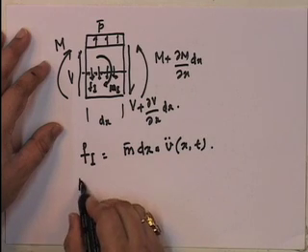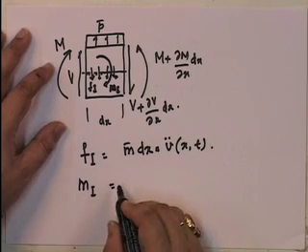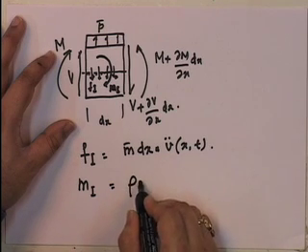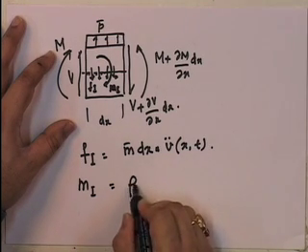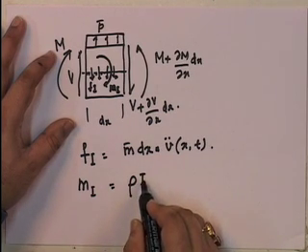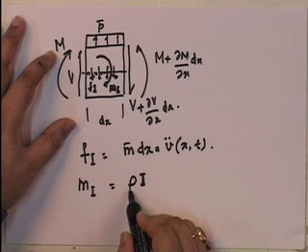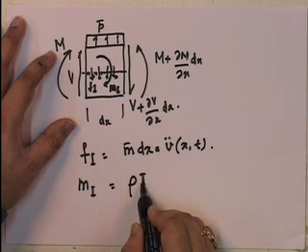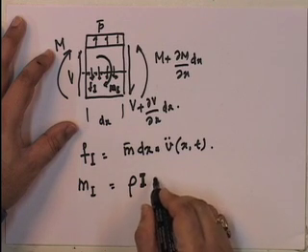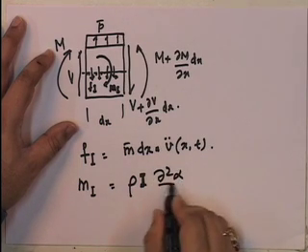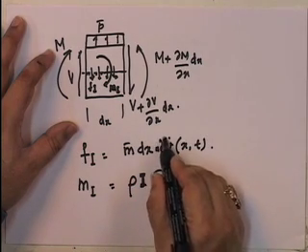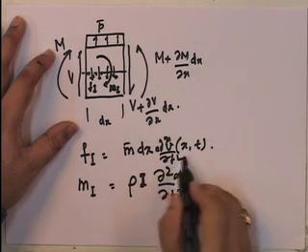And what is m I? The moment is given by rho into I, the mass moment of inertia. So, rho is the density, I is the moment of inertia of the system, into del squared by del t squared.